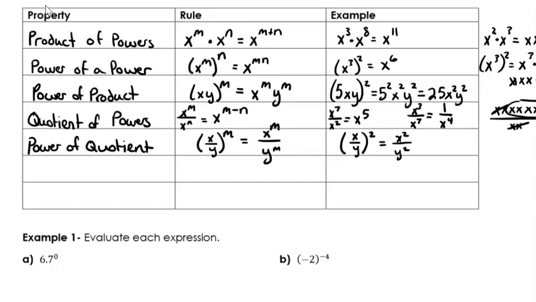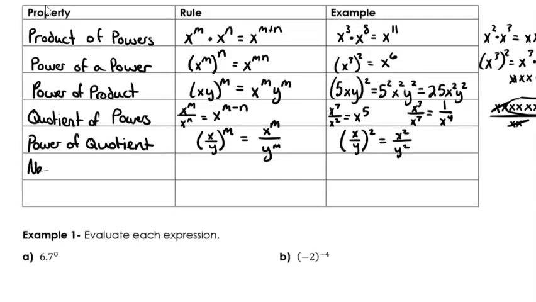All right, a negative exponent creates a reciprocal. So for example, if you have x to the negative n, you move it to the bottom of a fraction, and it becomes 1 over x to the n. So if you have x to the negative 2, it becomes 1 over x squared.